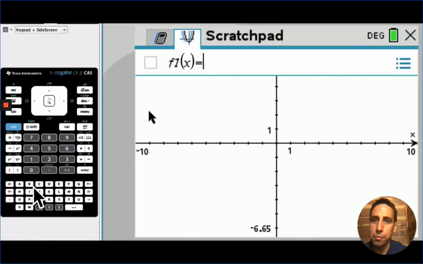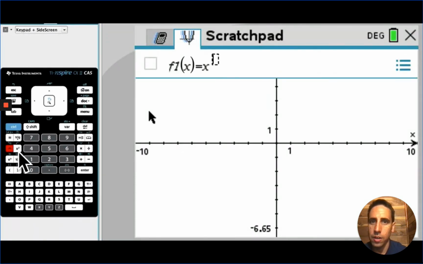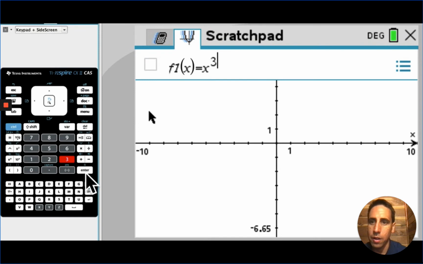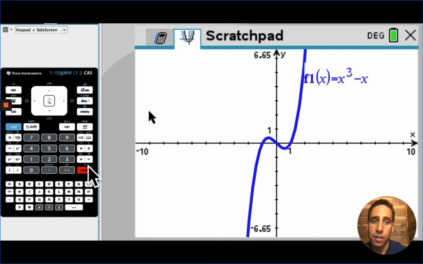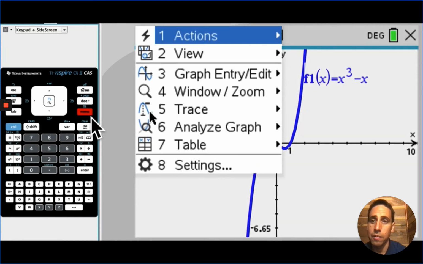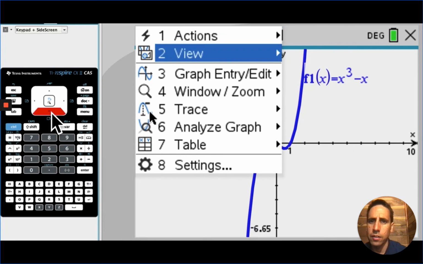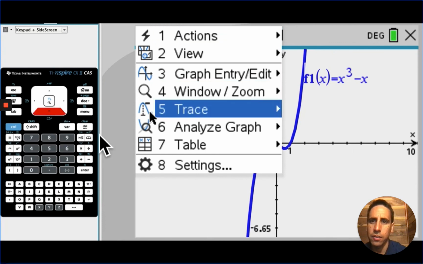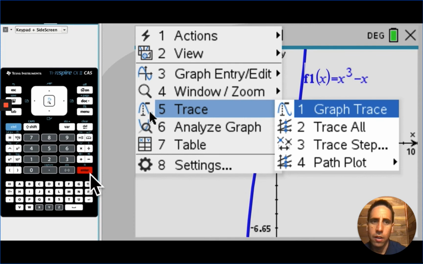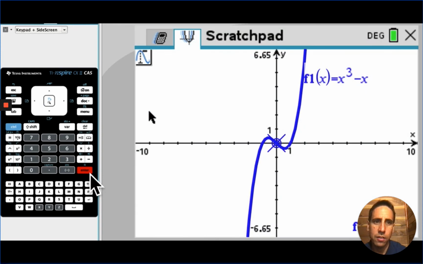Go to graph, and I'm going to type in x raised to the third power, exit the exponent, minus x, enter. There's that beautiful curve. Menu. I want to show you what trace does. I'm going to go down to 5 trace. Enter. And let's graph the trace.